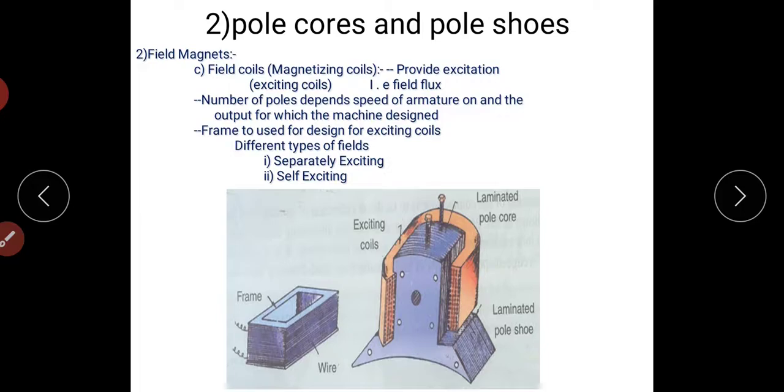There are 2 methods for connecting supply to field windings: first, separate excitation; second, self excitation. The field winding is wound over the pole core, and it is made of copper.